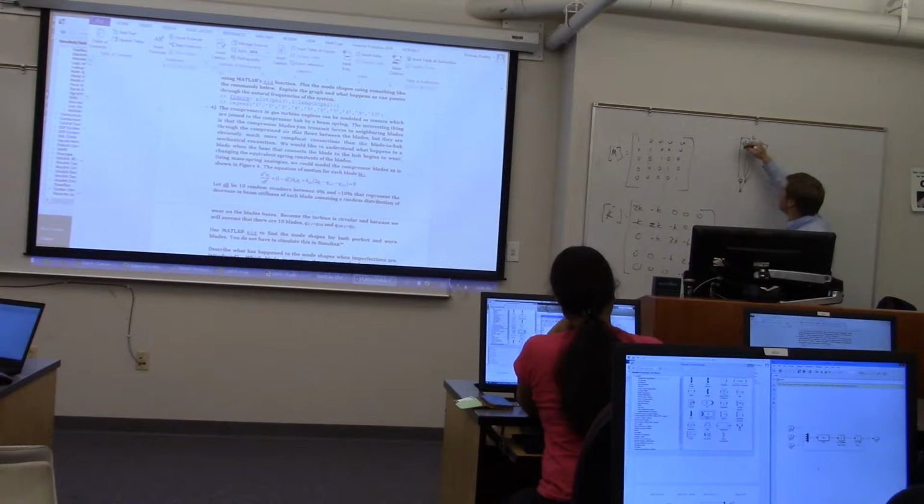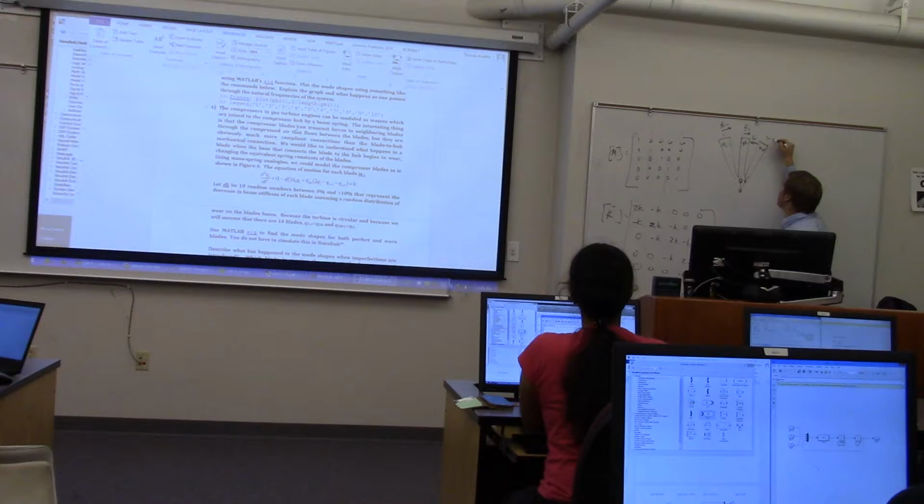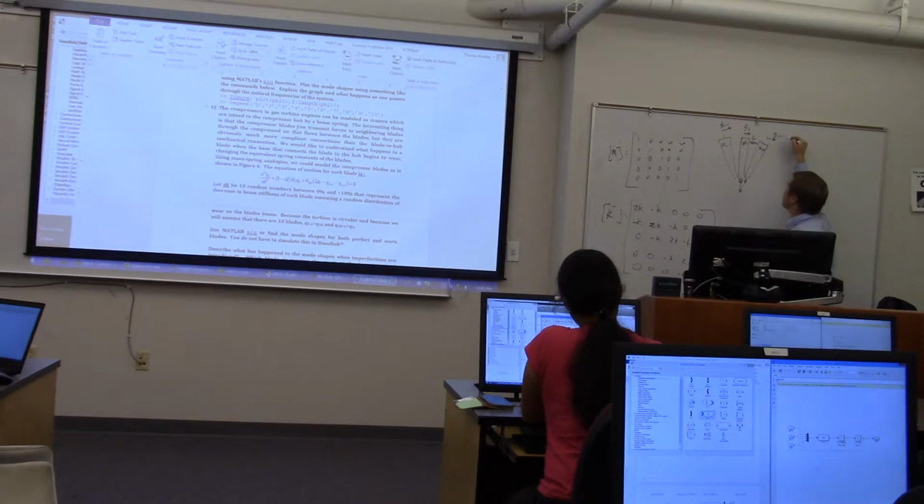I plus 1, I minus 1. So this one has a displacement that is q sub I minus 1. This one has a displacement that is q sub I. This one has a displacement that is q sub I plus 1.